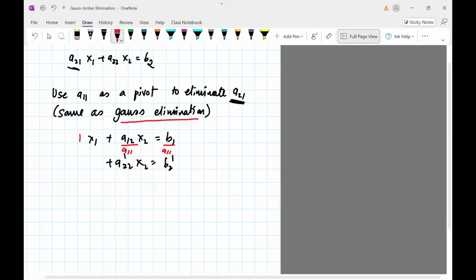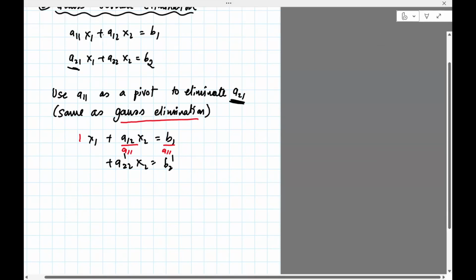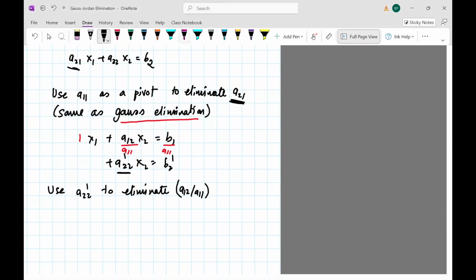Okay, the next step is that you will eliminate a12 divided by a11. So sorry, just did it this way. Use a22 prime, which is this element, to eliminate a12 divided by a11, which is sitting here, right?